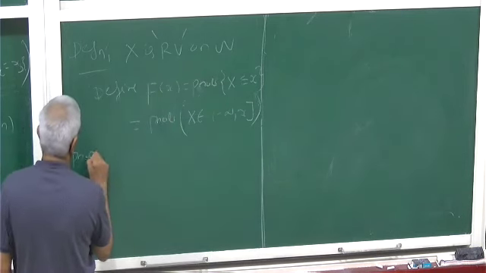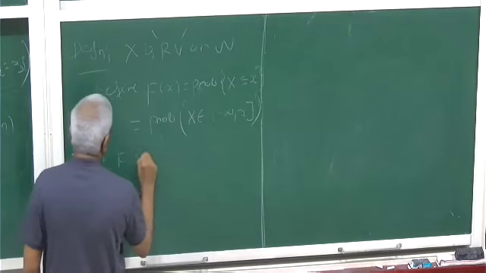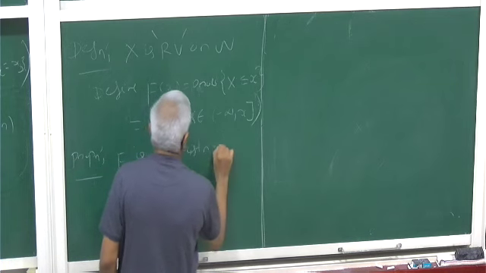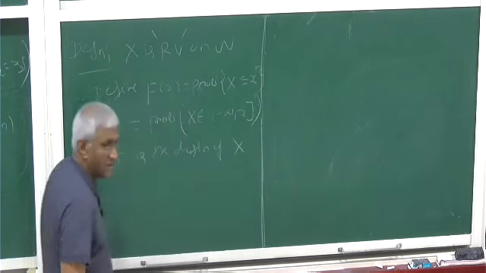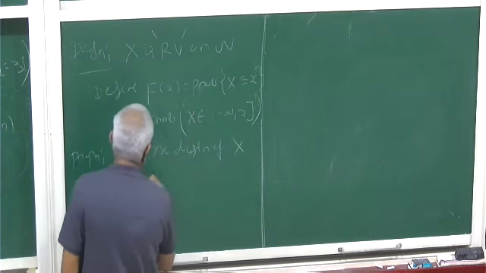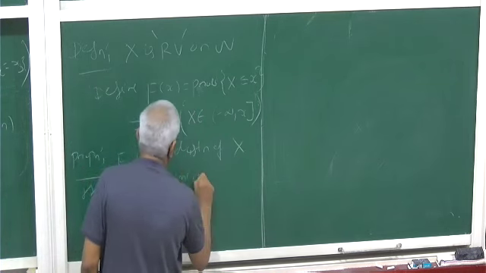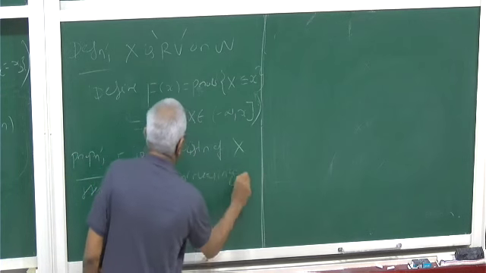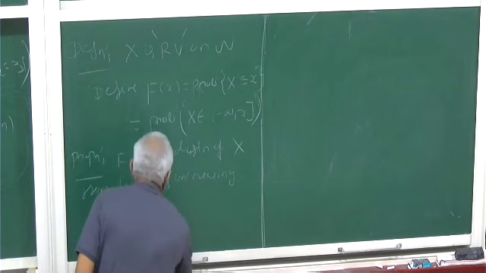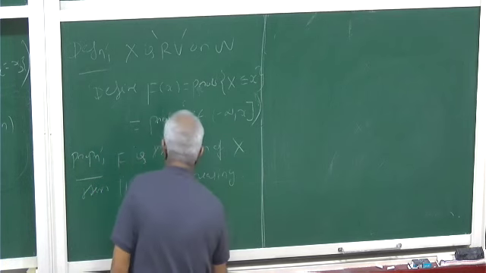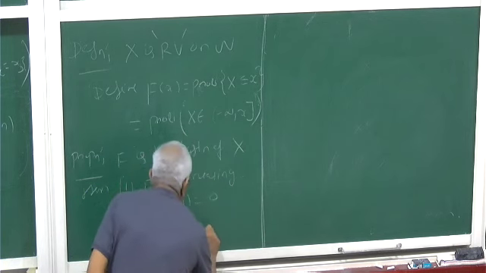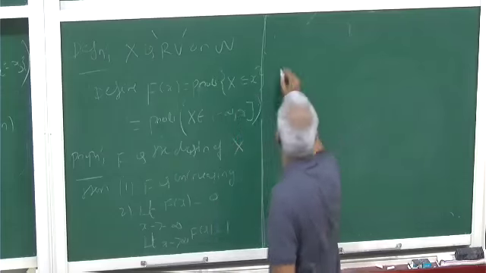Let's say, proposition. F is the distribution function of some random variable x. Then first, F is increasing, which is clear. Second, the limit as x goes to minus infinity of F of x equals 0, and the limit as x goes to infinity of F of x equals 1.